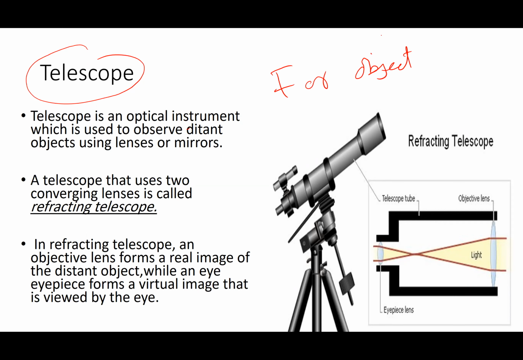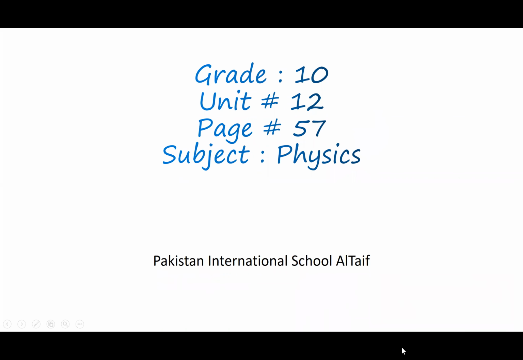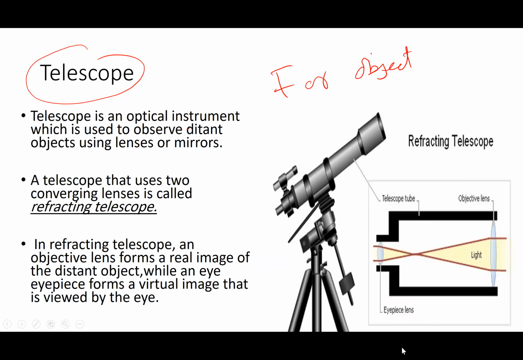Now, a telescope that uses two converging lenses is called refracting telescope.